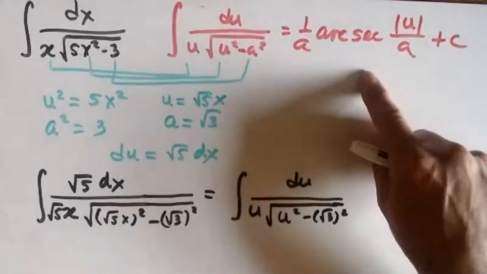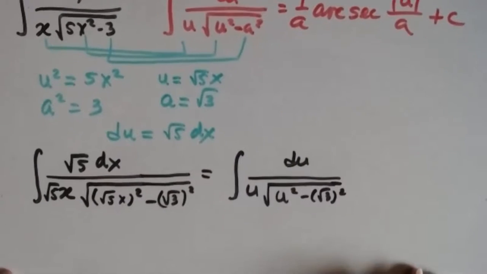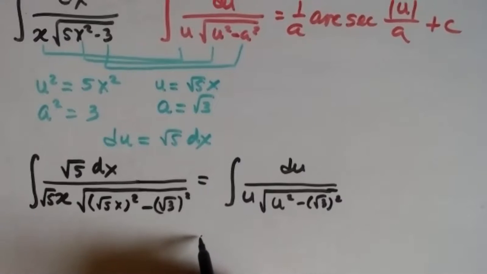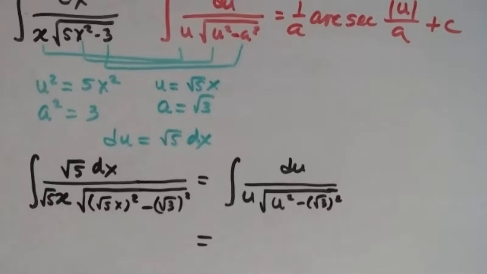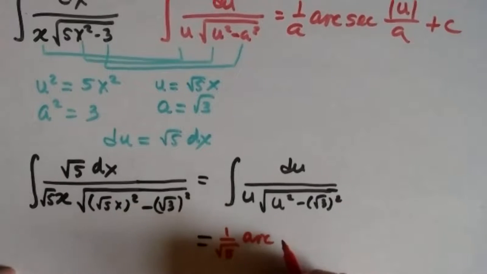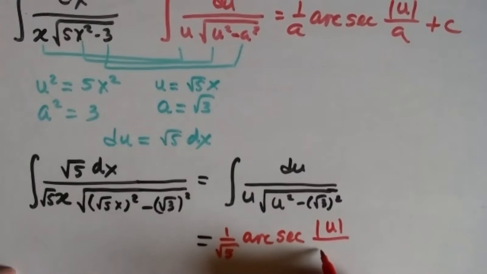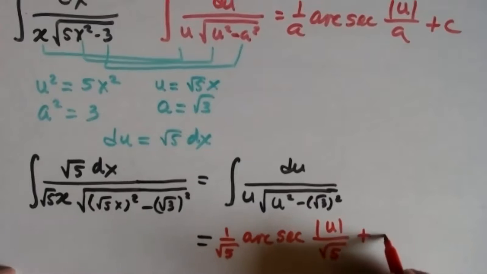And if I see my solution, the only thing I have to do is put here equals, right? I'm going to put my calculus: 1 over a is 1 over the square root of 5, I mean, the arc secant of the absolute value of u over the square root of 5, plus my constant.